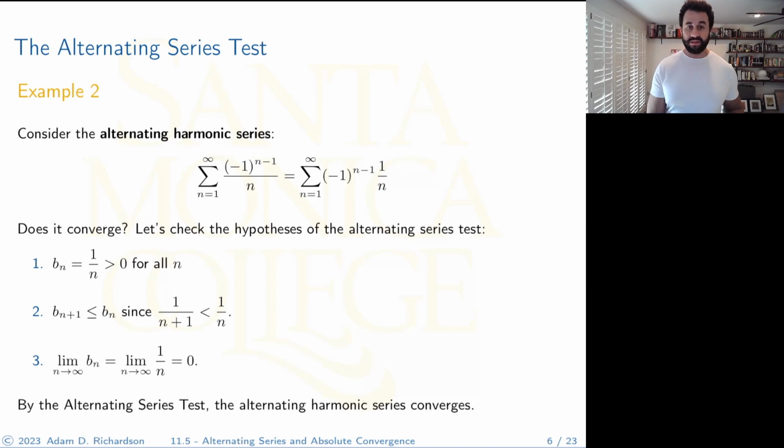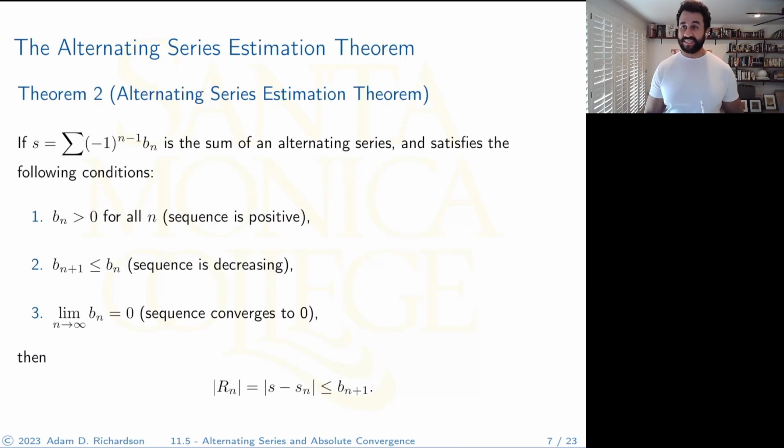Okay, what's even cooler about alternating series is this thing, the alternating series estimation theorem. This is a theorem that's literally going to give us a way to estimate the sum of an alternating series, or at least to estimate the error involved with truncating an alternating series. So here we go.